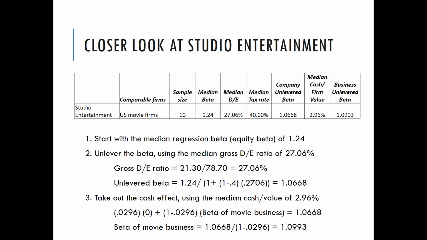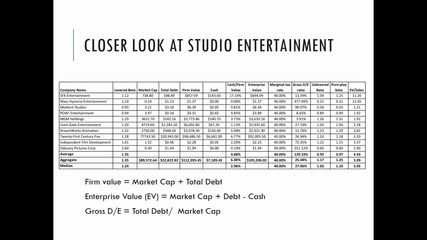Again, how would you do this, for example, for studio entertainment? Again, you figure out what is the median regression beta, and I think the next slide actually shows you. So here are comparable firms. These are the levered betas that we observe in the market, so this column. What is the median beta? 1.24. Same you would do with the capital structure or the marginal tax rate.